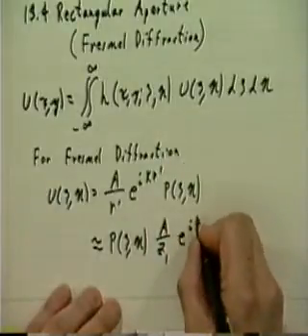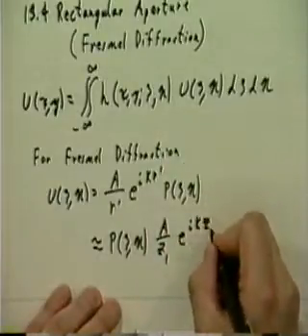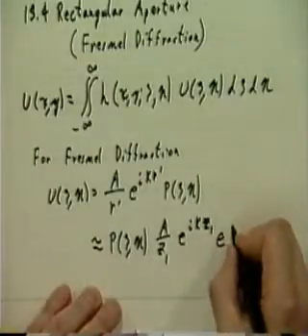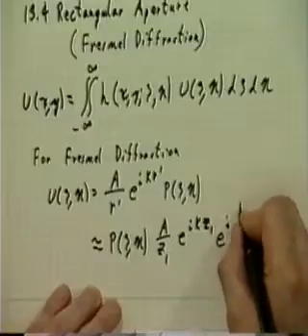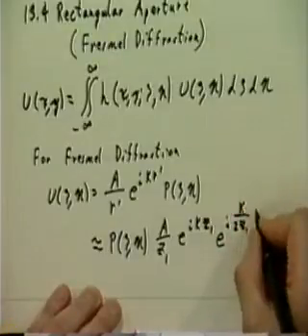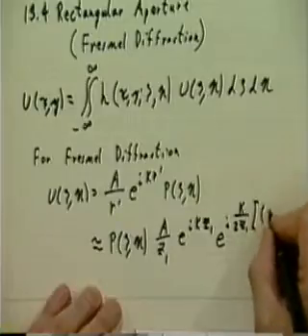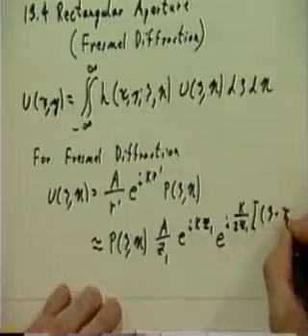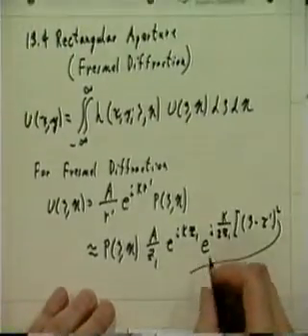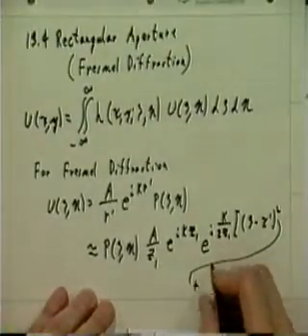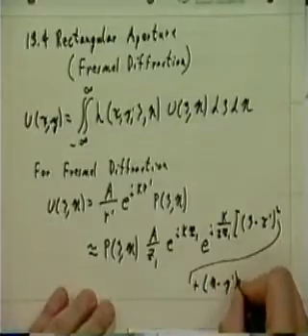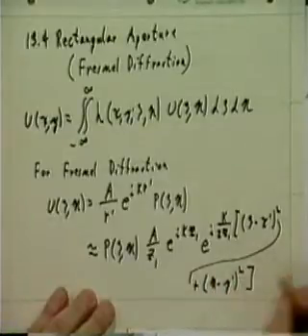Get e to the i k z1. And then, as before, we get e to the i k over 2 z1 times squiggle minus x prime squared plus eta minus y prime squared. Finish our bracket.